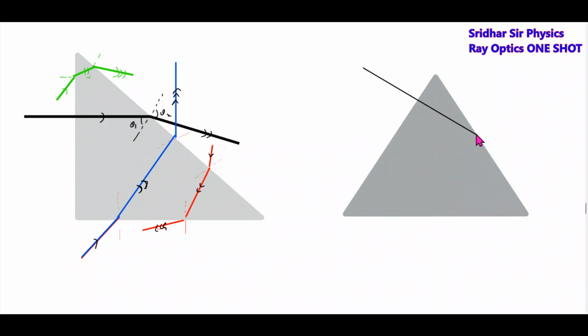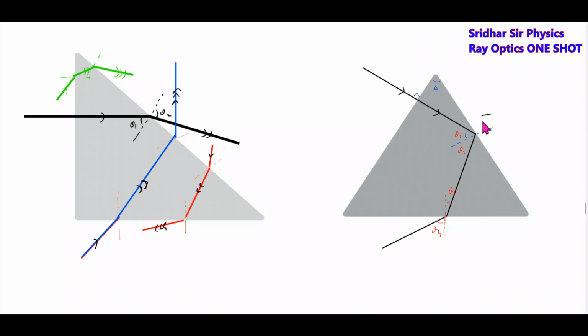will undergo TIR, will come here, will undergo refraction, will enter here. Here at this particular point you can see it is incident normally. This will be the angle of incidence. This is A. Here theta 1 you write, theta 2, theta 3, theta 4. And the ray here goes undeviated.